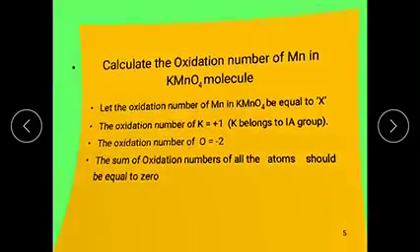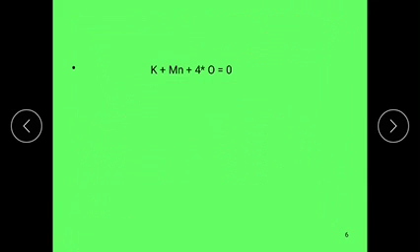That is, K plus manganese plus 4 times oxygen equals 0. We know the potassium oxidation number is +1, the manganese oxidation number is treated as X, and 4 times the oxidation number of oxygen, which is -2. This equals 0. Then +1 plus X minus 8.